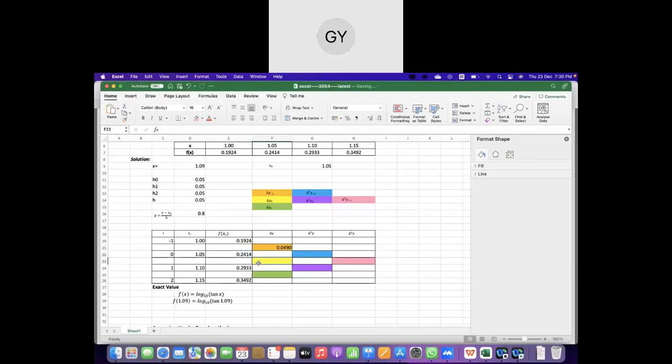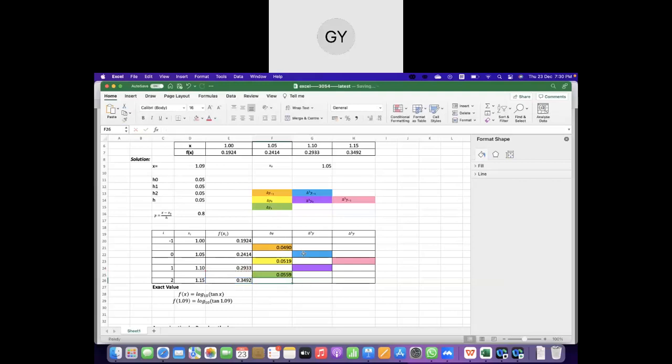Then followed by first DD 0, which is yellow color, equal to 0.2933 minus 0.2414. Then followed by first DD 1, equal to 0.3492 minus 0.2933.